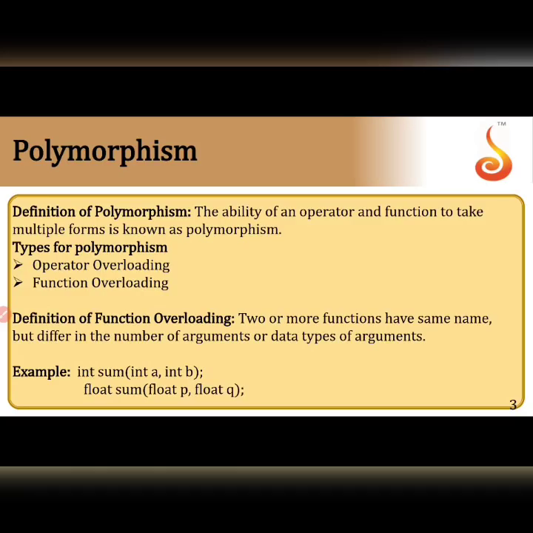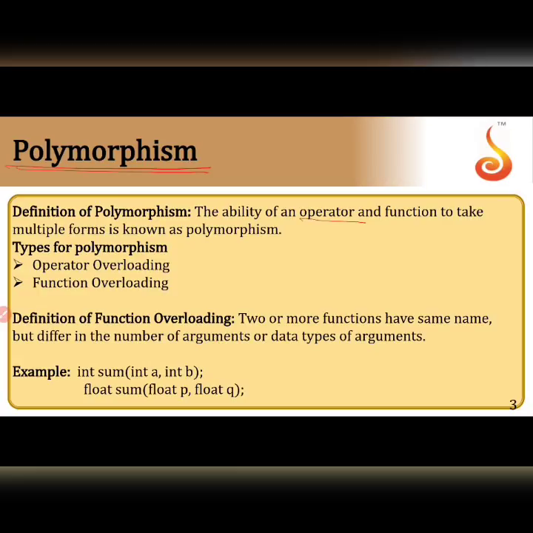Next is polymorphism. As we said, polymorphism is one of the OOPS properties. Definition of polymorphism. So this is a one marker. Please make a note of it. The ability of an operator and a function. So operator and functions are different.